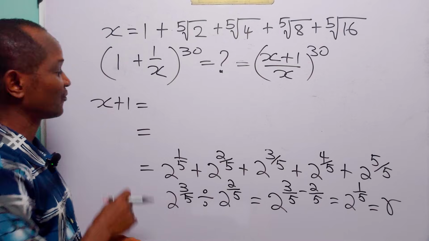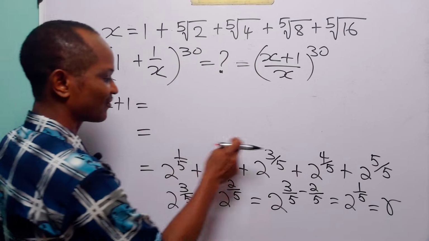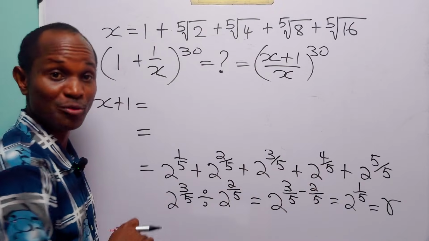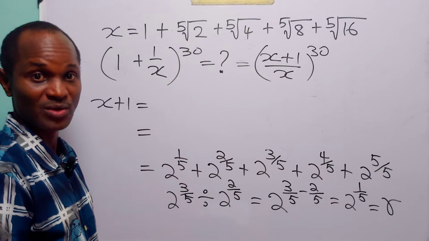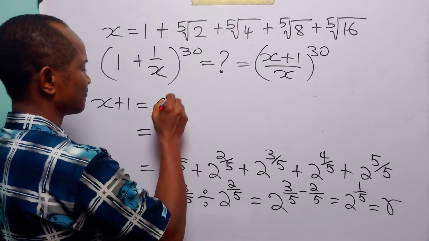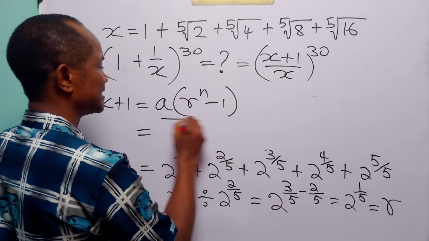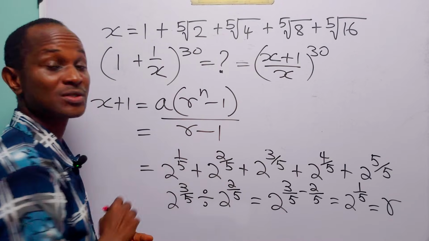Now all we have to do to find the value of x + 1 is to find the sum of these 5 terms of this geometric series. And of course, we have a formula for that. We have that the sum is equal to a times (r to the power n minus 1) divided by (r minus 1).